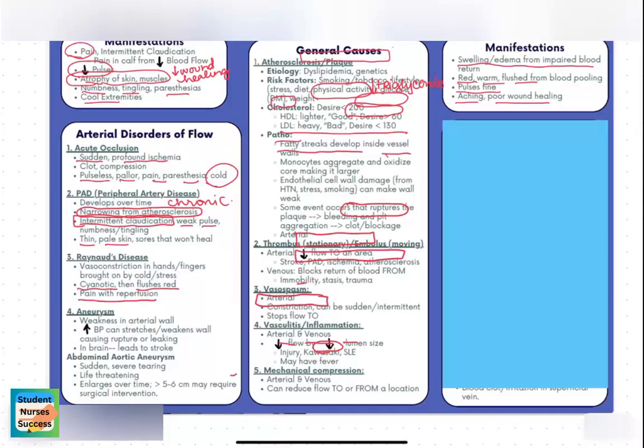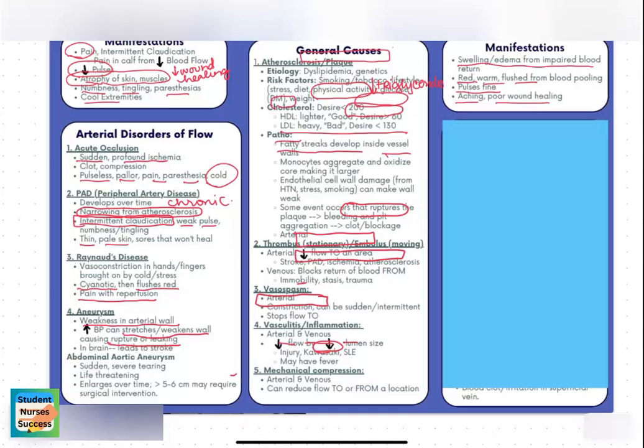An aneurysm is the fourth arterial flow disorder I'd like to talk about. An aneurysm is a weakness in an arterial wall. What happens with an aneurysm if they have a weakness in a wall, an increase in blood pressure, or any increase in pressure continues to stretch and weaken that wall to the point where the wall will start to leak or even rupture, causing bleeding or hemorrhage in that area, depending on how large the vessel is.